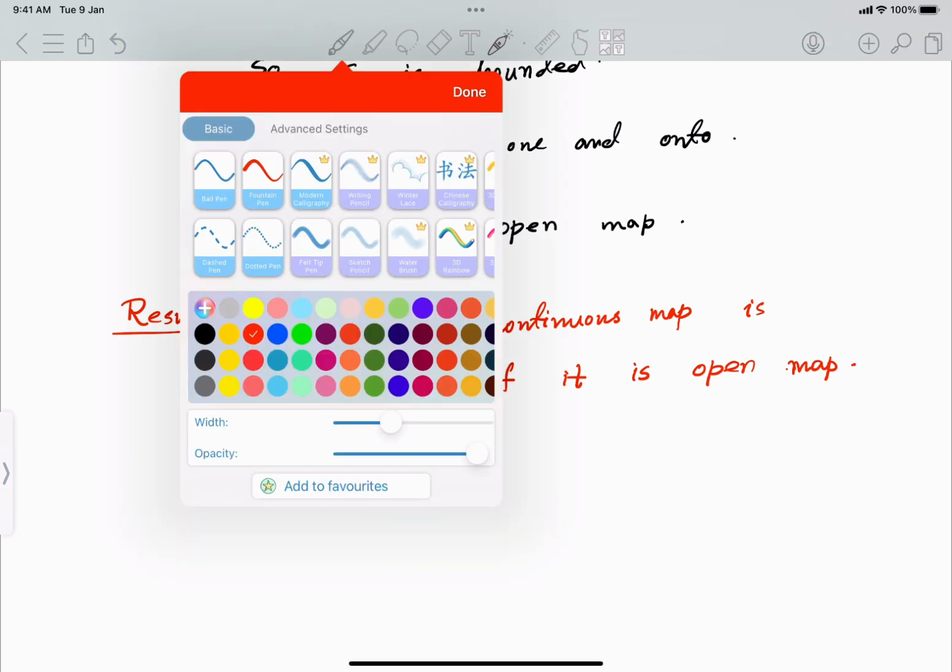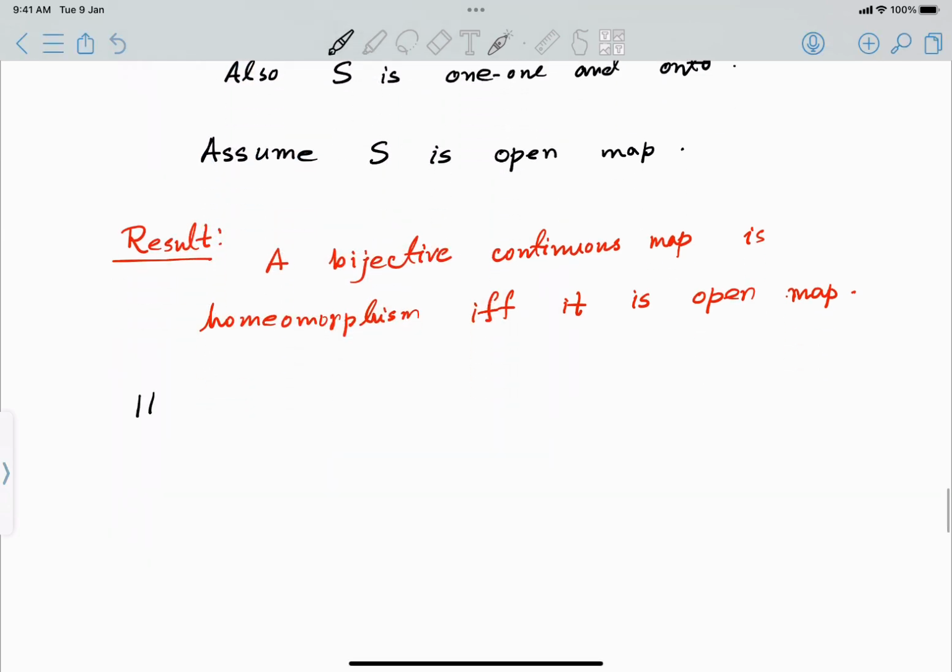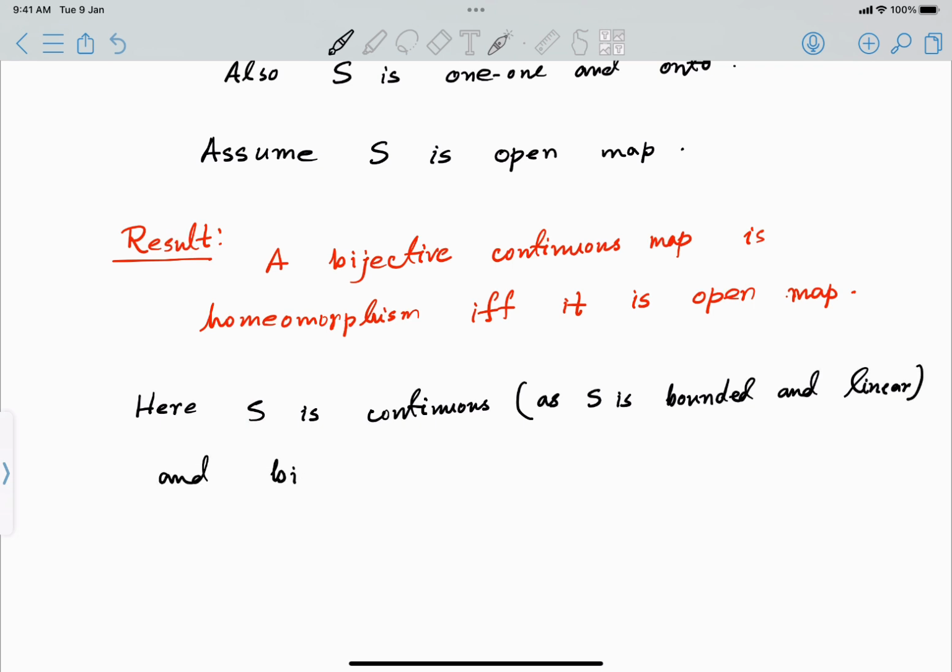Now here what do we have? Here S is continuous, as S is bounded and linear. And bijective, continuous bijective and open map, because we have assumed S is an open map.